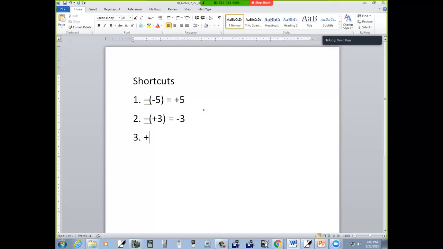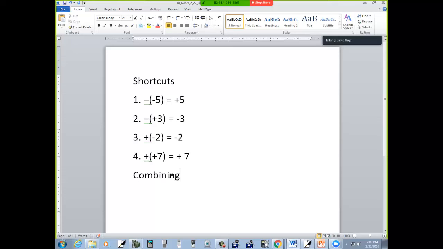And if you have a positive and another positive, that becomes a positive. It's fairly easy to remember: if the signs are the same, it always becomes positive. If the signs are different, it becomes negative. And we're going to see this pattern continuing in some of the different problems we'll look at.